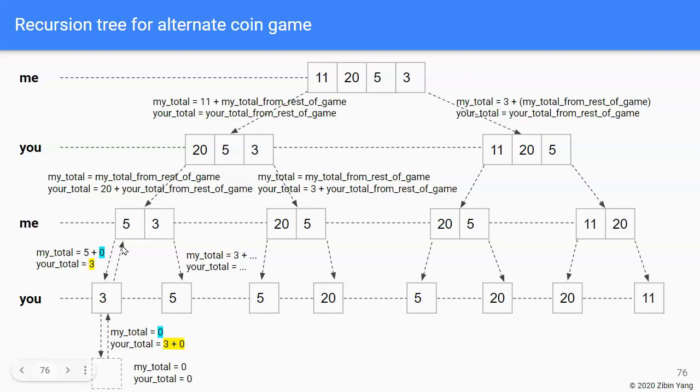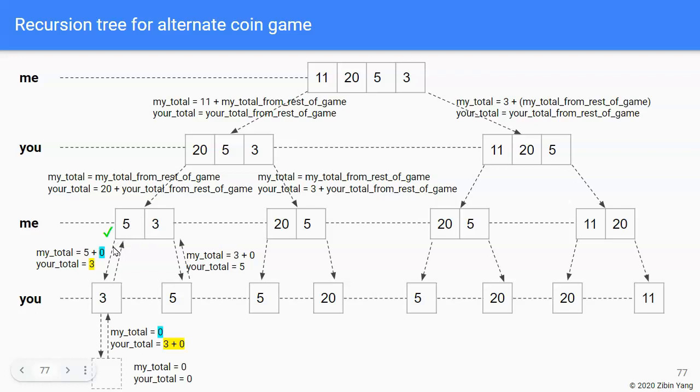And we are going to fill in those numbers. So here we get that my total is going to be 5 plus 0, because that's the one that gets added here. And then your total is going to be 3. That comes from here, right? So at this point, then we're going to have a choice to make, right? Because we know going down this branch, my total is 5 and your total is 3. Then what about going down this branch? Well, if we just follow the same exercise, or actually if you look at this, if you pick 3, then my total is going to be 3 and your total is going to be 5, right?